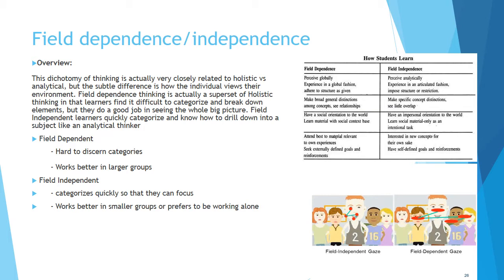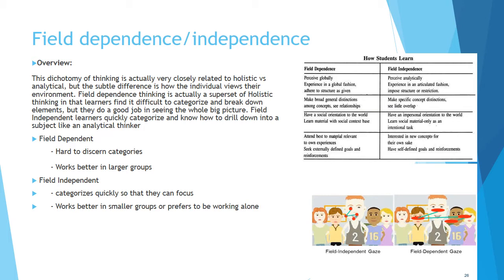So if they were looking at this picture first, they would notice the guy in the front because they're in the front of the field. Not only that, they would dive into this categorization. They would see the eyes, the facial structure, the nose, and the mouth. So they focus on what's front and center, and then they dive in. Field dependent, it doesn't matter the depth or orientation of the people.